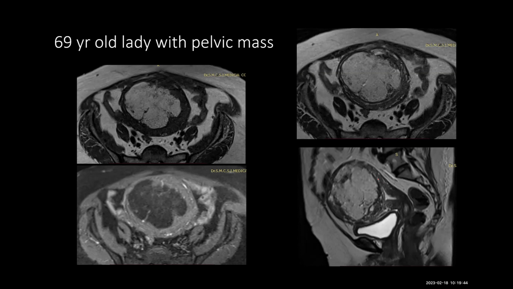So considering that this has an irregular anterolateral margin, a lot of myometrial thinning, and is a predominantly fat-containing lesion, and considering the age of the patient, my primary differential would include a liposarcoma.